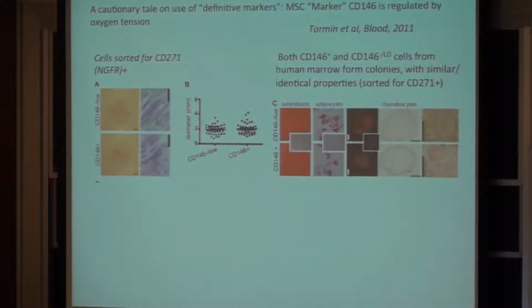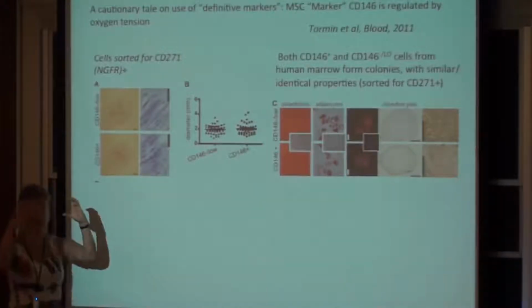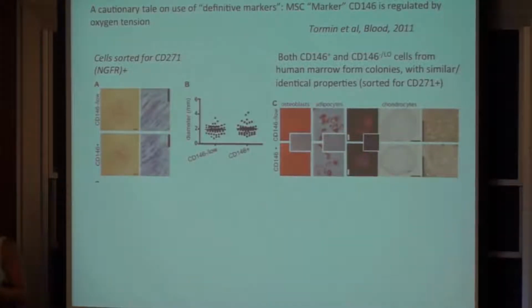But since then, some very interesting data was published about a year ago, that you can go into the marrow, and there are actually other markers that other labs have reported, like CD271, which is nerve growth factor receptor, that also seem to mark this mesenchymal stem cell compartment. And when you take cells, say with CD271, they do all the same things that mesenchymal stem cells do, except some of them don't express that CD146 receptor very much.